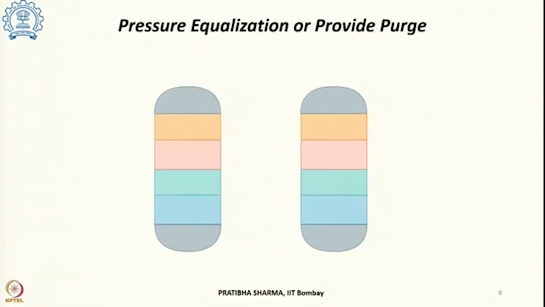Now, how does this work? There are two beds which are kept in contact, one bed which is at a comparatively higher pressure compared to the other bed which is at a relatively lower pressure.